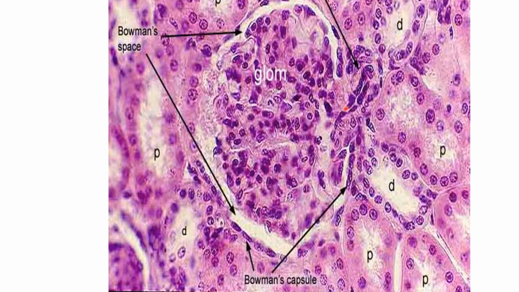In this diagram, you can differentiate between all the components. This is the Bowman's capsule, and this is the macula densa forming from the distal convoluted tubule.